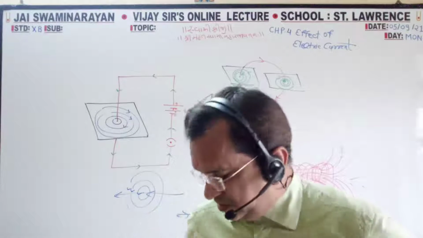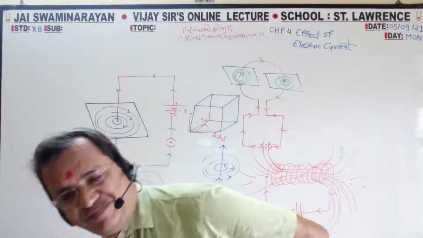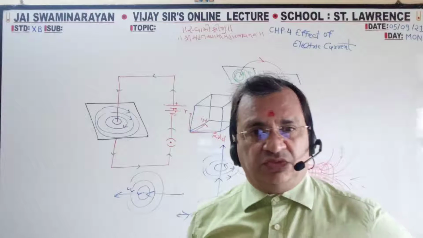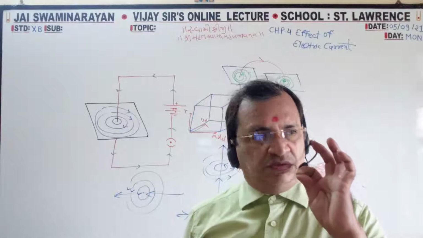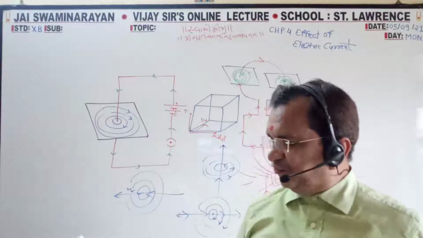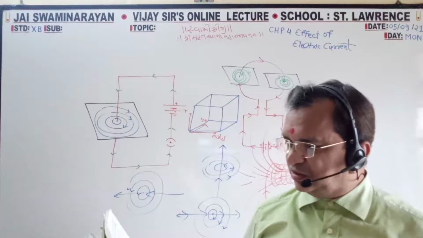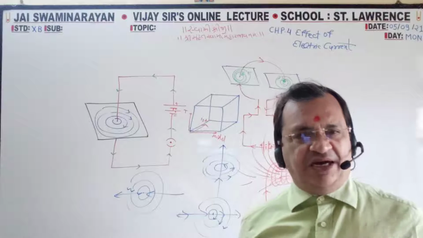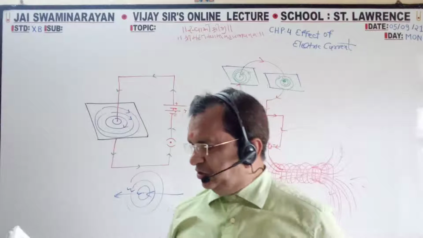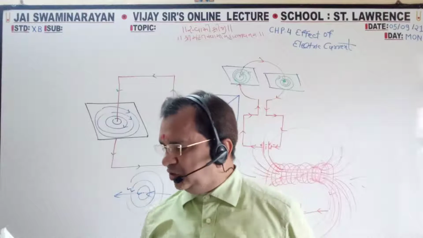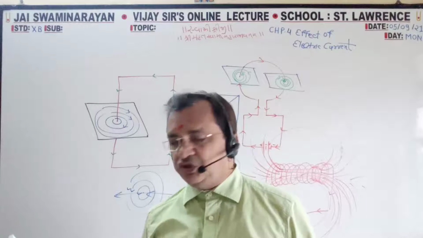Now, each and every finger, including the thumb, shows some direction. In Fleming's left hand rule, the thumb is the force on the conductor.